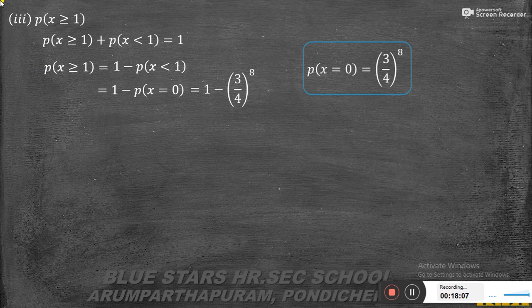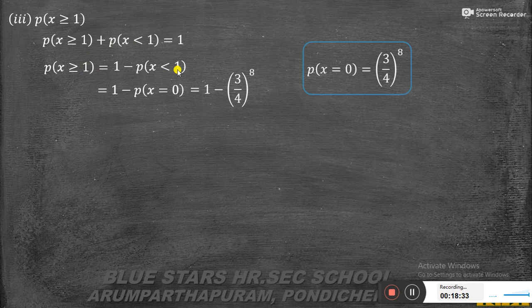So see here, probability of x greater than or equal to 1. Here they ask about the probability of x greater than or equal to 1. So probability of x greater than or equal to 1 plus probability of x less than 1 equals 1. Therefore probability of x greater than or equal to 1 means 1 minus probability of x less than 1.